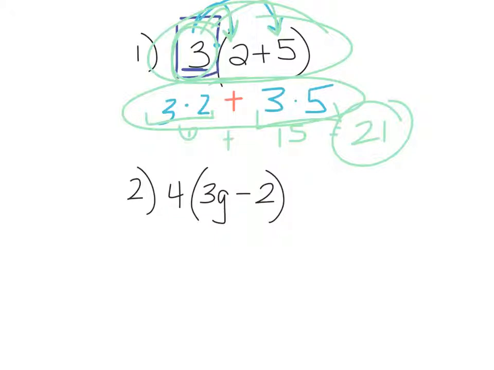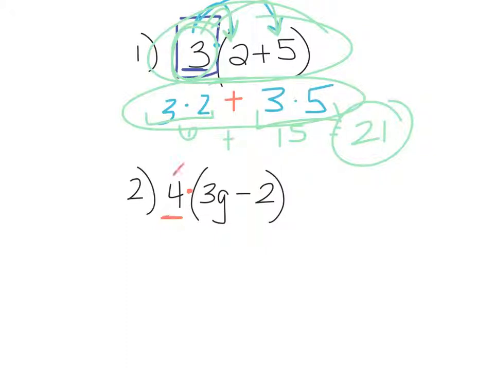Taking a look at example 2, it is now an algebraic expression as it has a variable, the letter G. That is how we know that it's different than a numerical expression. Again, the number out in front is a 4, so that is the number we are sharing. A number next to parentheses means multiplication.